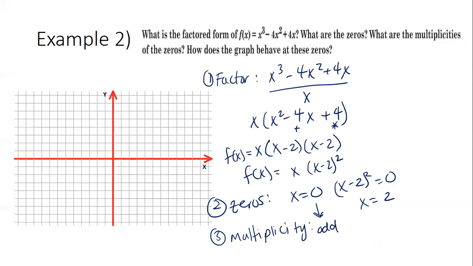So it's an odd multiplicity of 1. At x equals 2, how many x minus 2's did we have? We had 2. So it's an even multiplicity of 2. What that means is that at 0, we're going to cross, and at 2, we're going to touch.